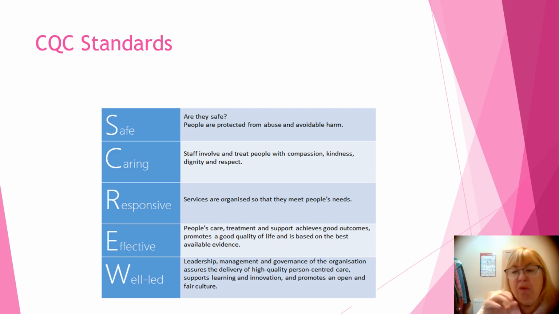Have you got all the relevant processes in place to demonstrate that? Caring: when they inspect, do they see staff involve and treat people with compassion, kindness, dignity, and respect? They're the areas they're really looking for, the interactions, the way they help people, maneuver around.